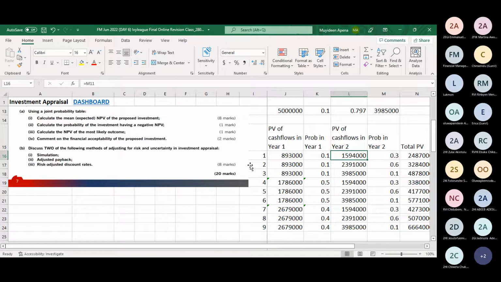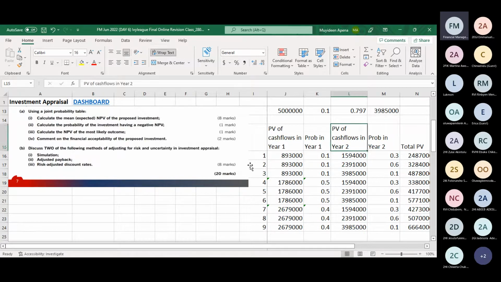Or why is it that it's only year 1 we are holding constant and then assuming changes for the PV of year 2? We're also seeing year 2 repeating now. So it's about repetition. Do you get?